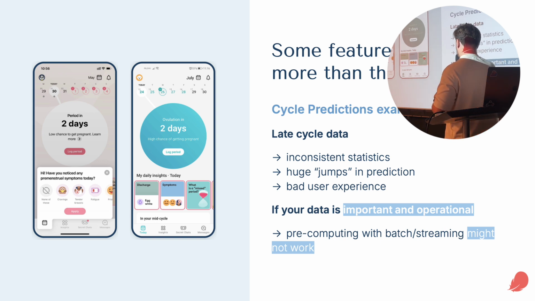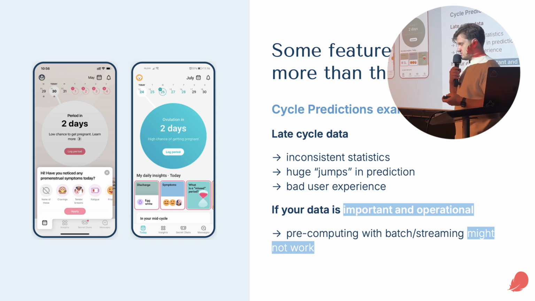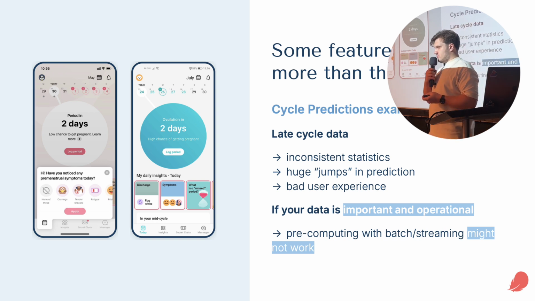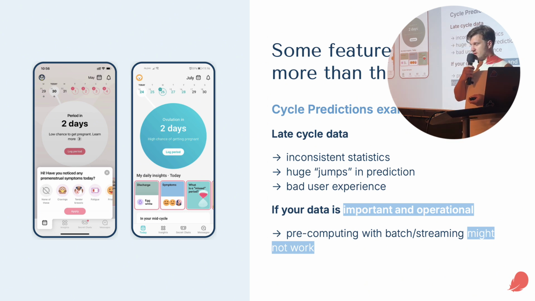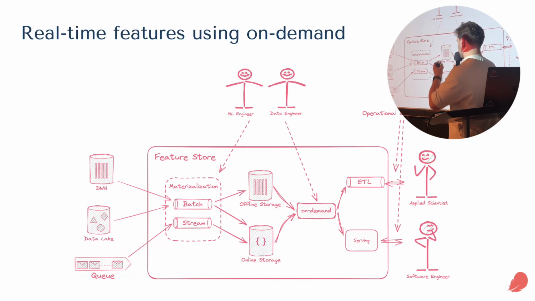But still, it's a bad user experience. So when you work with important features coming from operational data sources, it's usually not feasible to pre-compute them. And that's the problem with the feature stores, right? So all of that was my preconditions for this one.